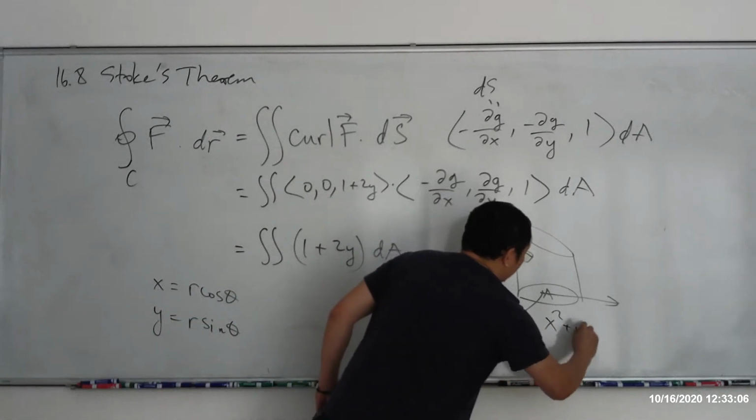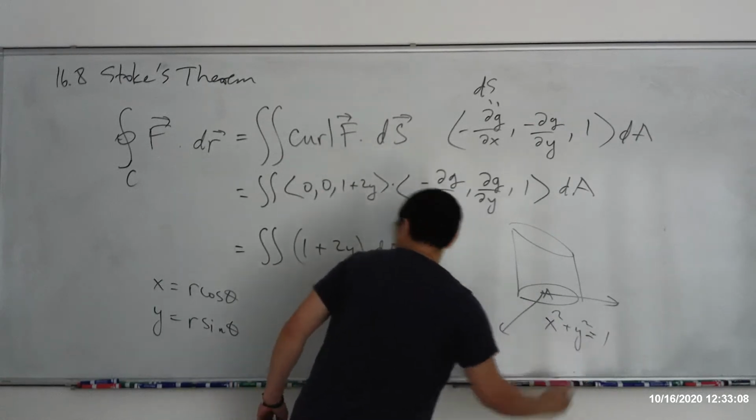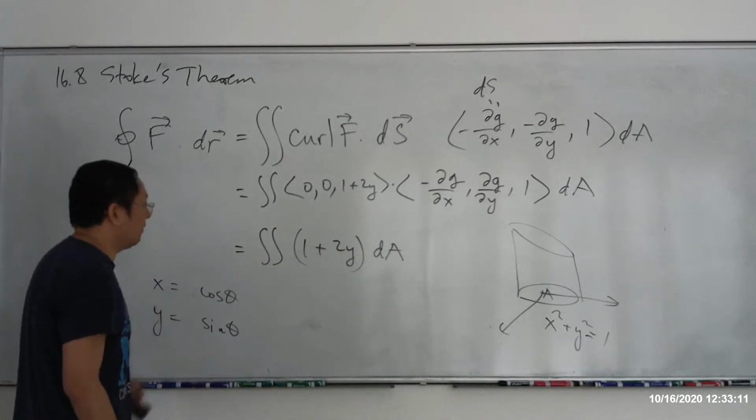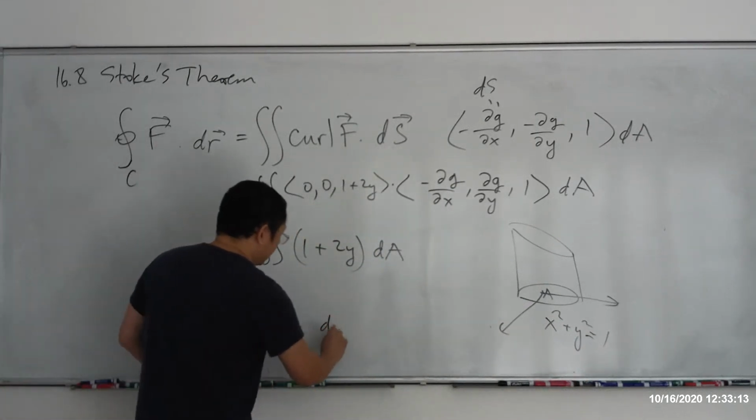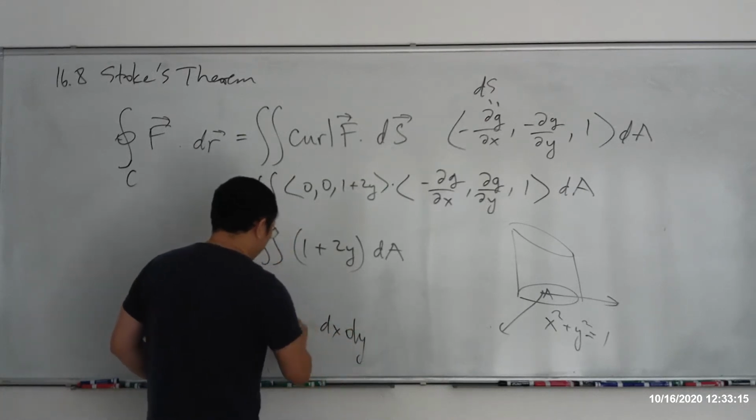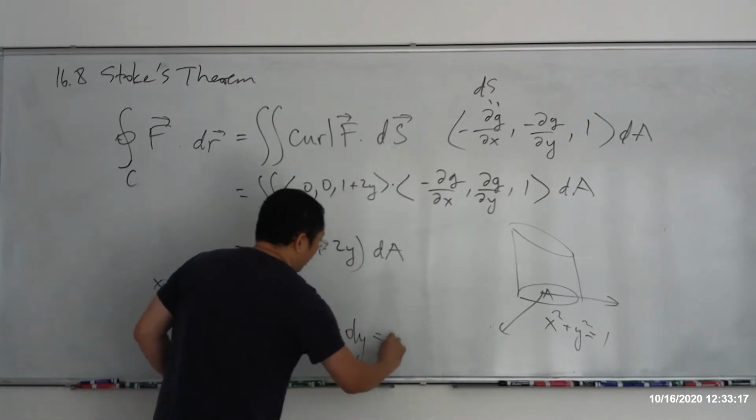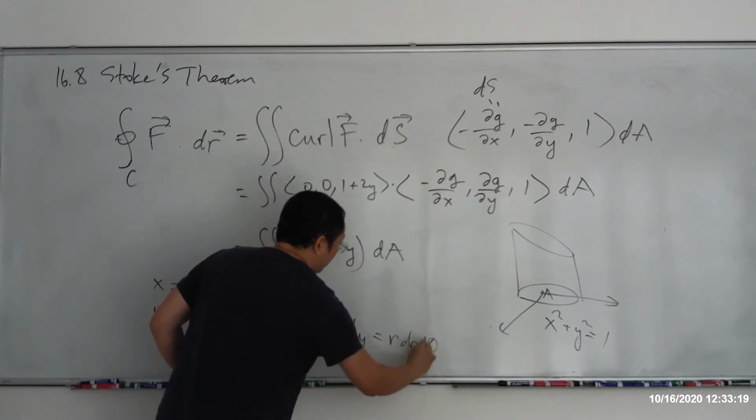x squared plus y squared equals 1, so r equals 1. And dx dy, as you learned before, this is dA, now becomes what? r dr d theta.